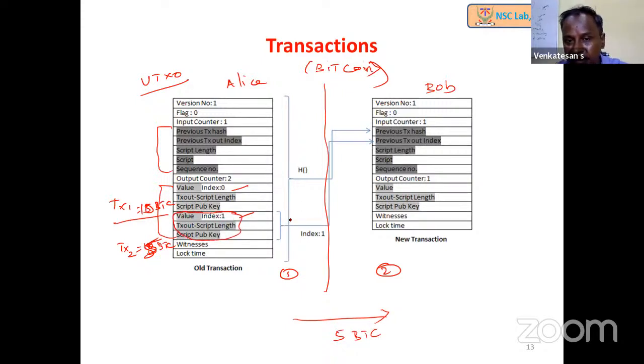Now this will be the input transaction for the next transaction. Because based on this particular transaction only, a new transaction is getting created, and the ownership of this 5 BTC is getting changed from Alice to Bob. And definitely this link will also be there. There will be a chain which keeps going up to the initial point where the coin was introduced.